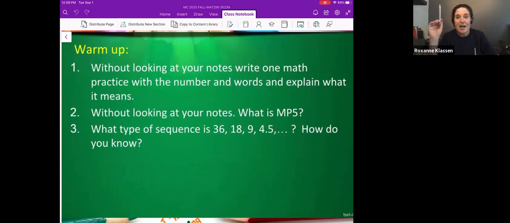Okay, so here's a quick thing for you, and you can type it in the chat. We'll do number one first. Without looking at your notes, write one math practice with the number and words. You don't even have to explain what it means. Just write the math practice in number and words. For example, number 2 says MP5, maybe MP5 is yours, so you already know it. So number 1, any math practice in the chat by number and words.